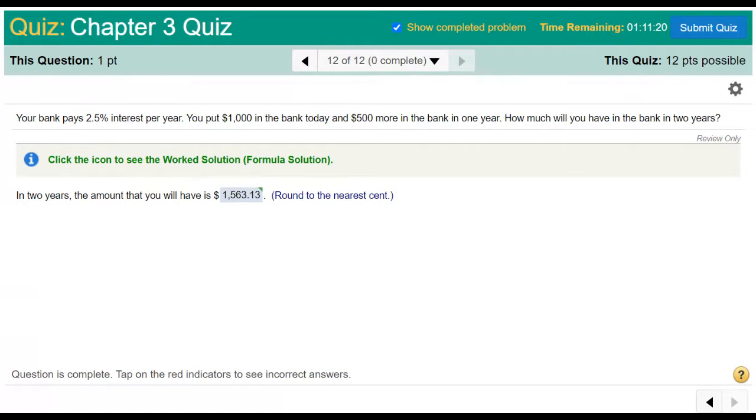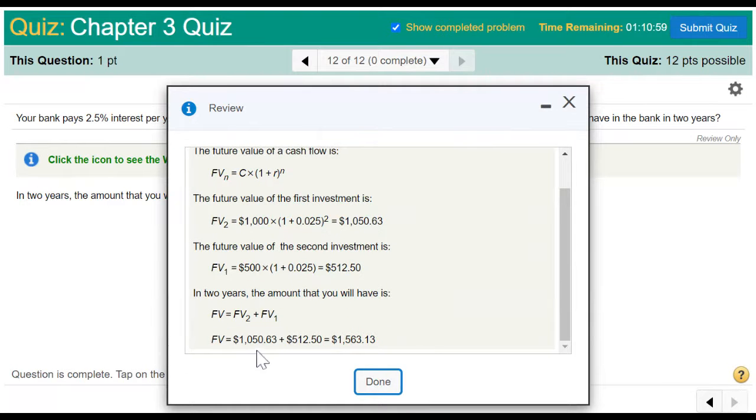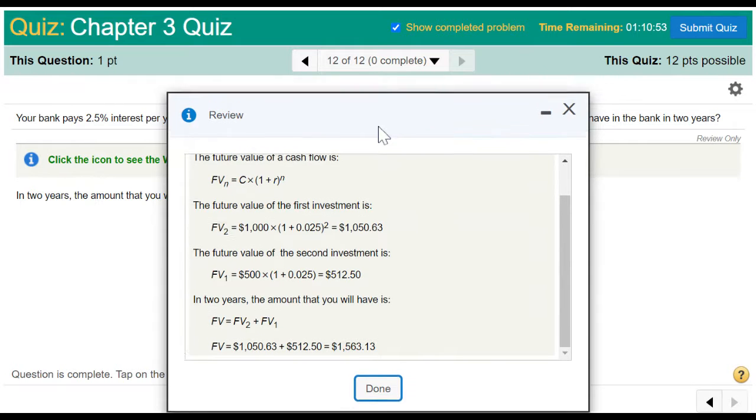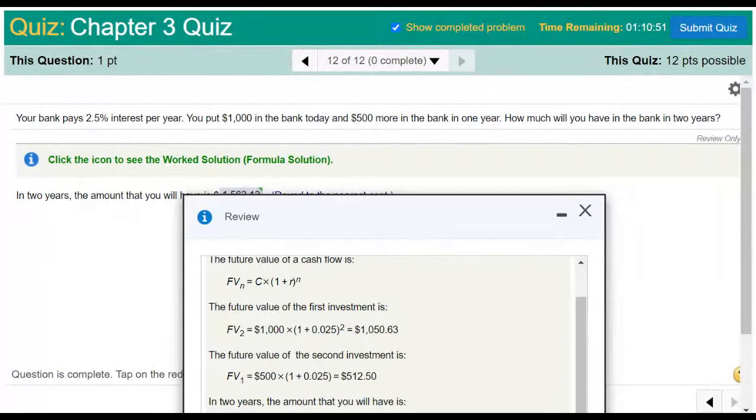After that, N equals 1, IY equals 2.5. Payment is 0. Present value is $500, and compute for future value. Then you add them together and you come out to 1,563.13. Do not put this together and try to do it that way, because the answer is going to be wrong.